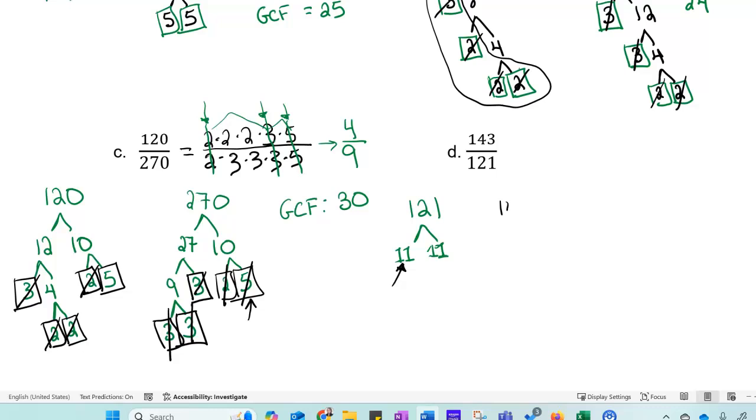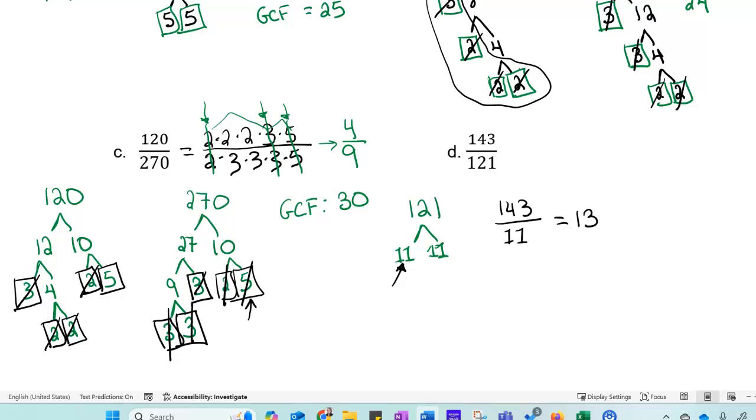So 143 divided by 11, okay, if that gives me a whole number, then it means that 11 is a factor. Well, that gives me 13. Well, notice 11 is a prime factor and 13 is a prime factor. Okay, so the strategy that I just showed you keeps you from having to try all these different numbers.